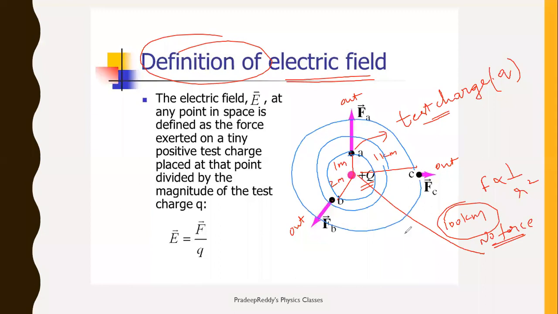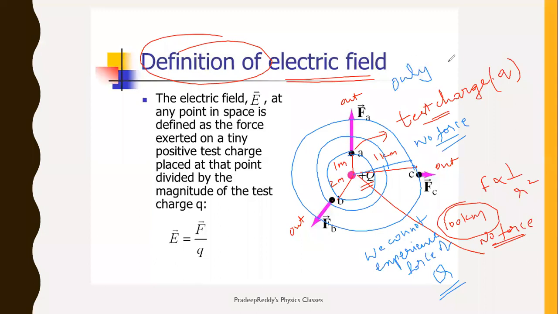But in the range of 100 kilometer, we cannot experience any force of capital Q charge. Up to 1 kilometer, there is a range. After 1 kilometer, there is no force experienced by the test charge. So what is the range of this plus Q charge? Only up to 1 kilometer.